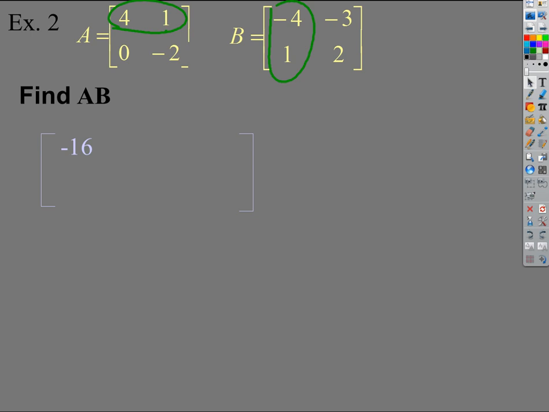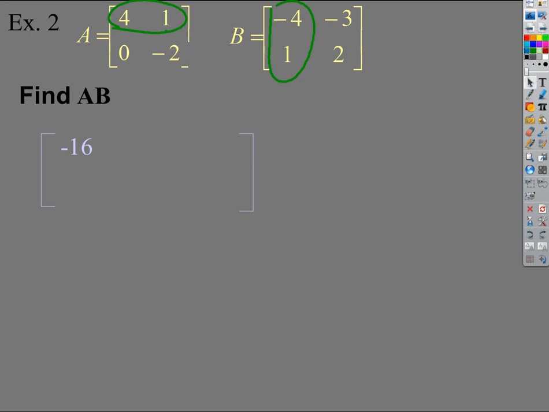Why does it change from the first? Because the first time we only had one element. Remember, the first one was a column matrix. It was a 2 by 1, and the second one was a 1 by 2. So when we superimpose these, we only had one element in the first row and one element in the first column of the second matrix.